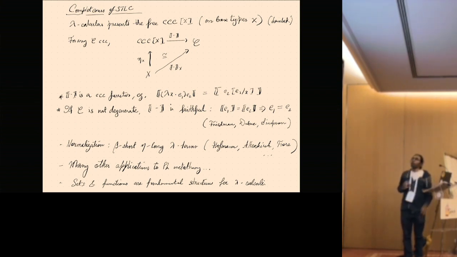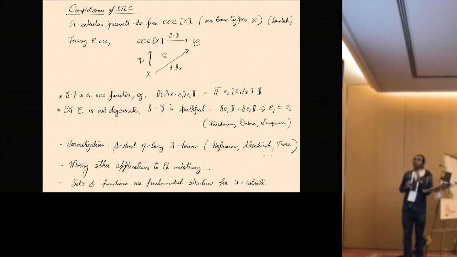Just to give you a taste of how much further this correspondence has changed, using more modern tools, what we can say is that we have a presentation of the free Cartesian closed category on some set of base types.